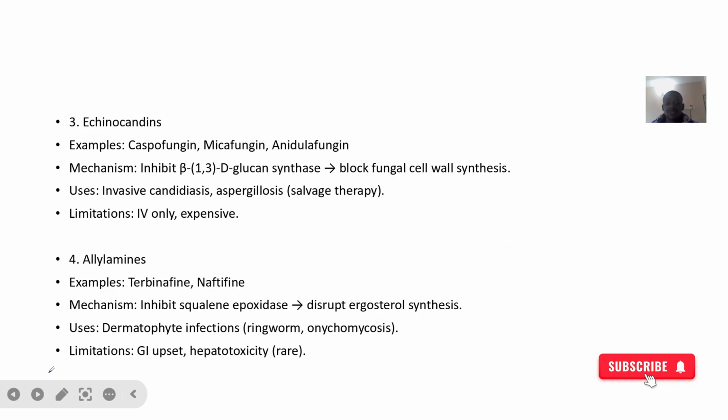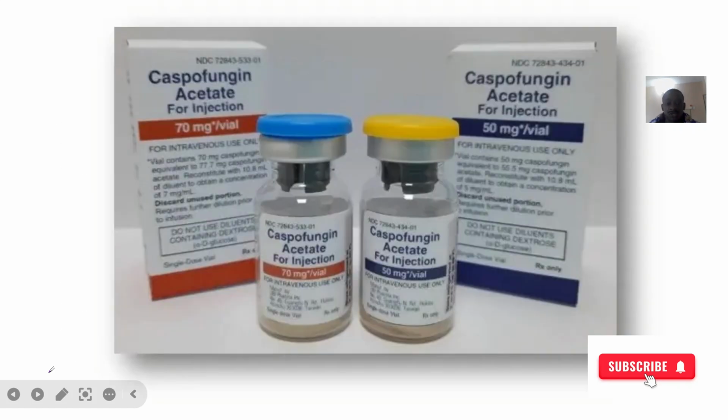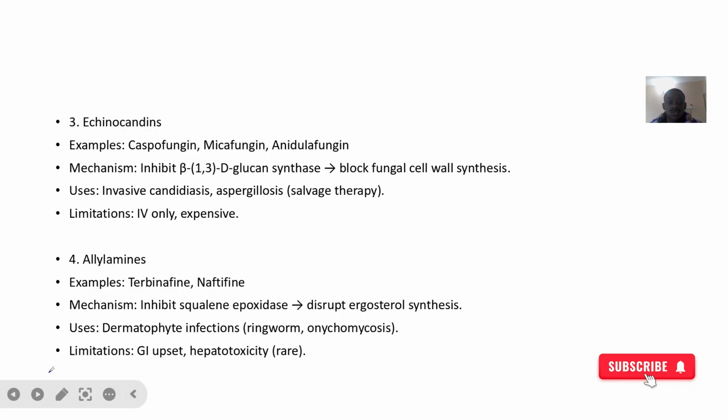For the next category, we have the echinocandins. You can see one of their examples here is what is known as caspofungin. Okay, so for the echinocandins, we have drugs like caspofungin, micafungin, and anidulafungin. So how do they work?